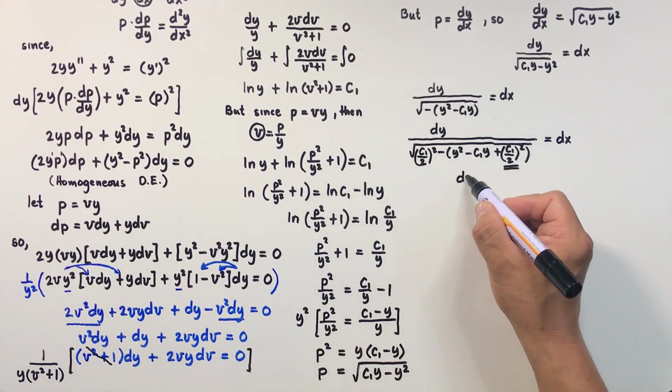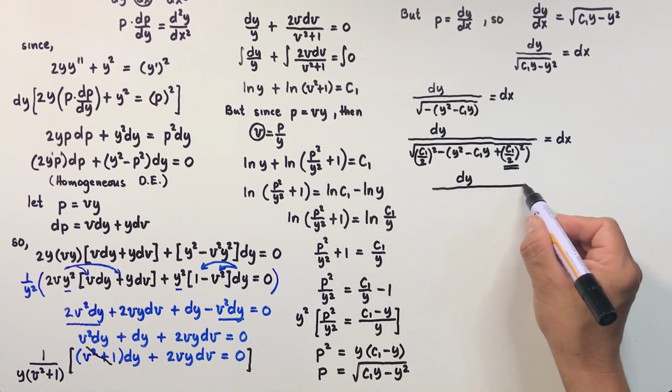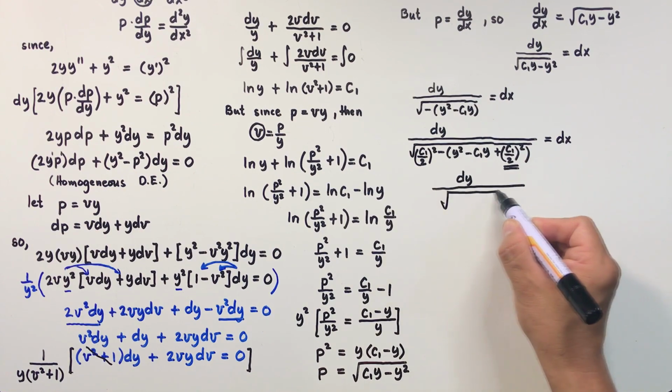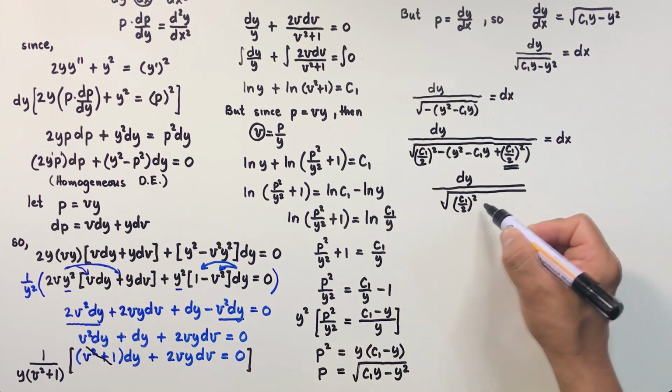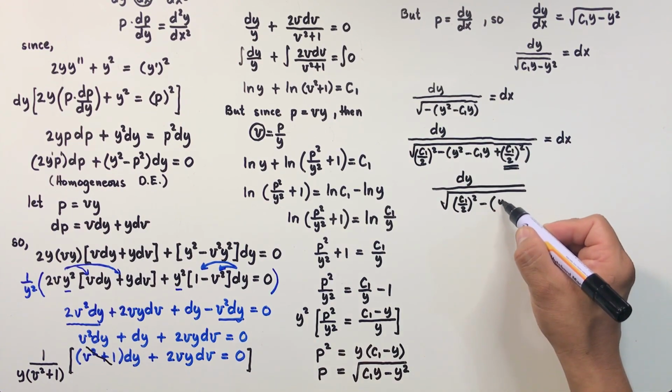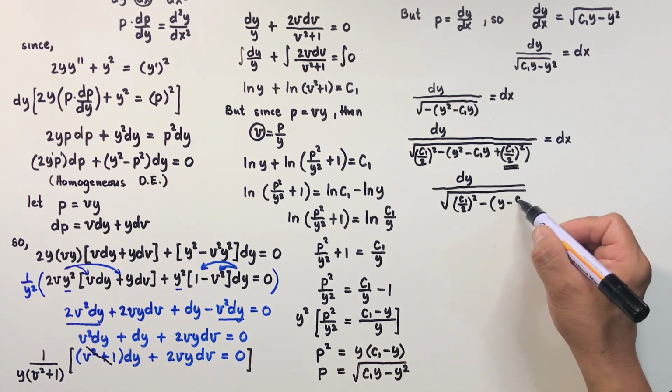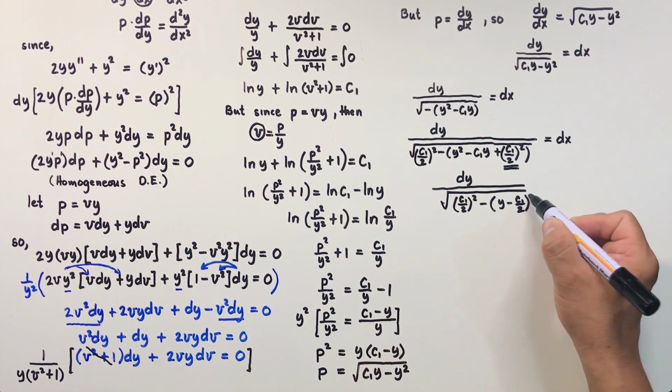So dy over the square root of the square of c sub 1 over 2 minus the square of y minus c sub 1 over 2.